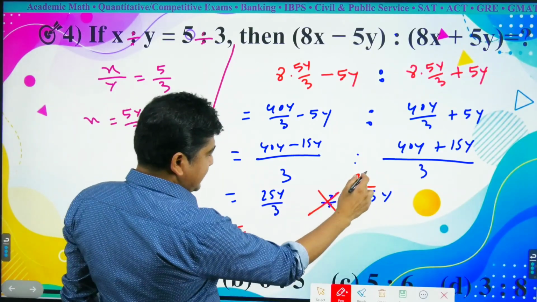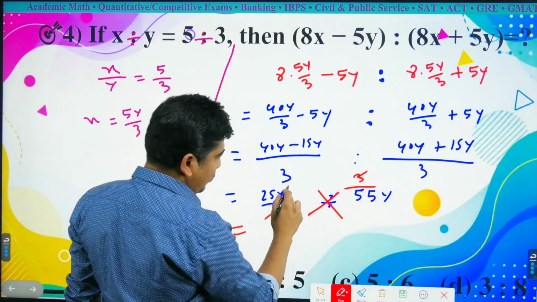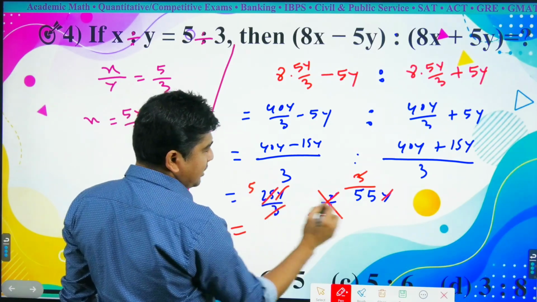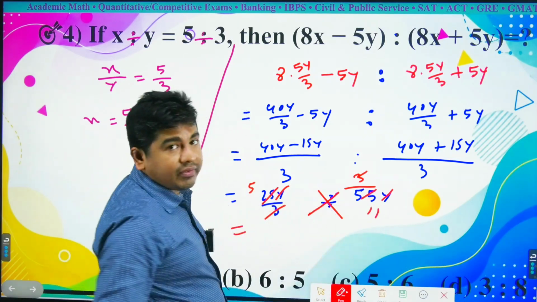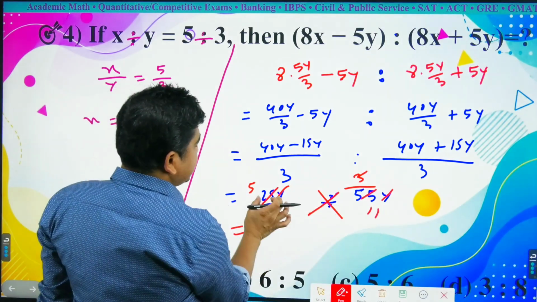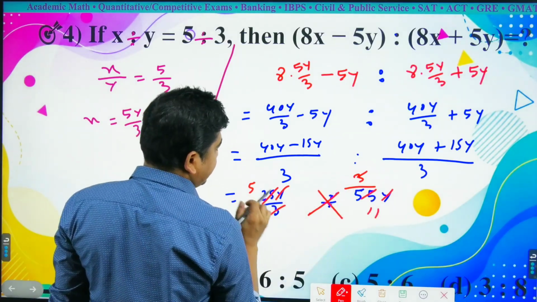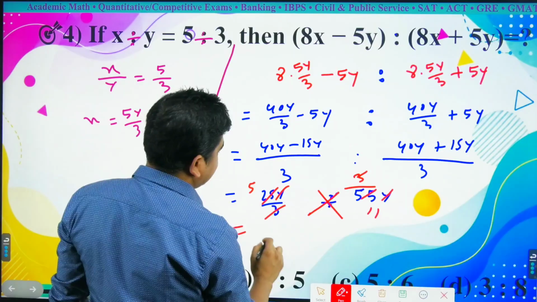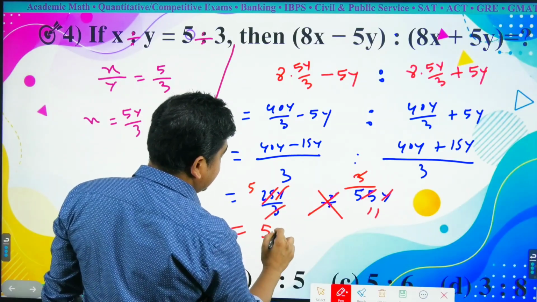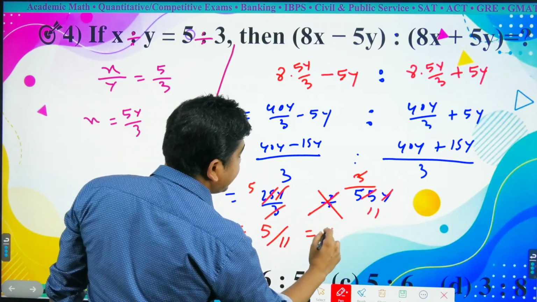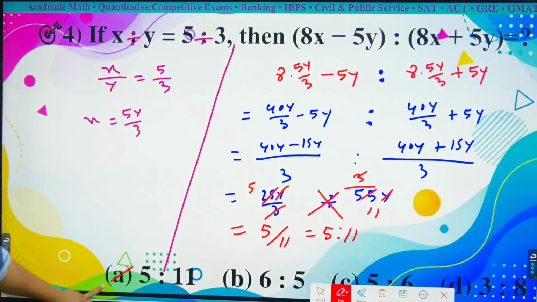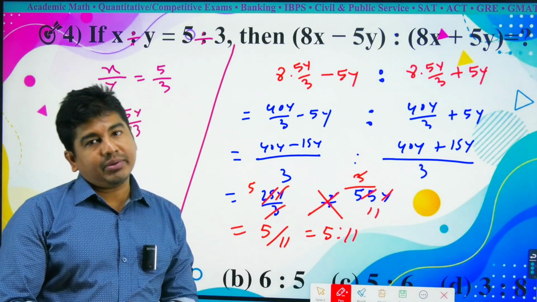Now this 3 and this 3 cancel, y cancels. From here we get 5 times 5, 25, and 5 times 11, 55. That means 5 divided by 11 equals 5 is to 11. The answer is A, that means 5 is to 11.